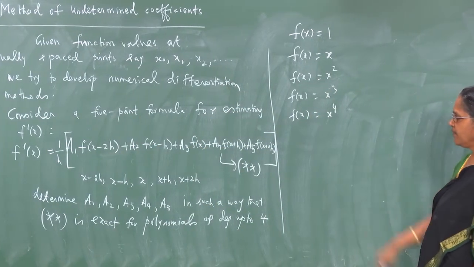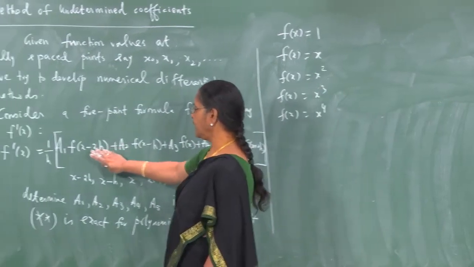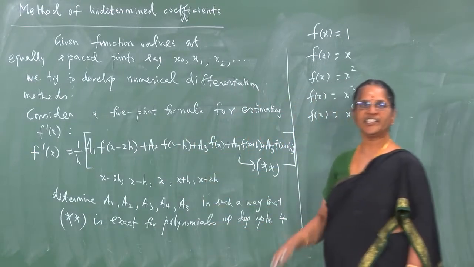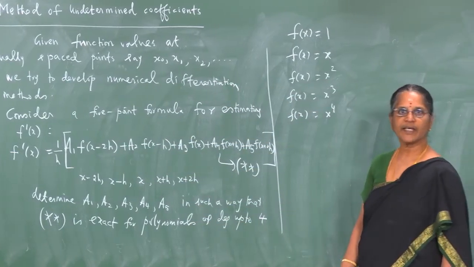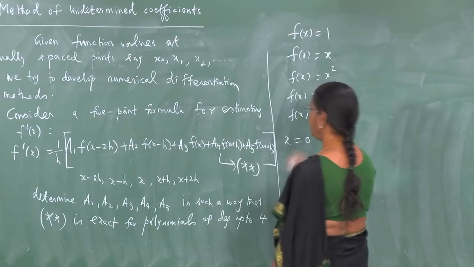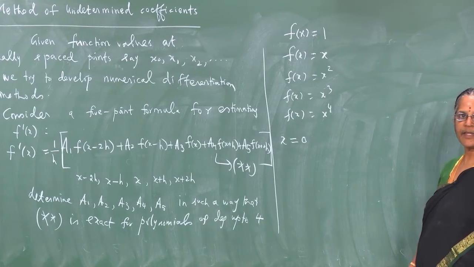And secondly, we would like to obtain this method in such a way that it should be independent of any shift of origin. And so, we consider this method with x equal to 0 and derive this method.